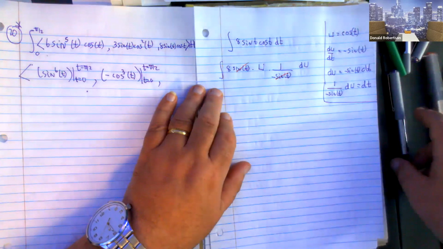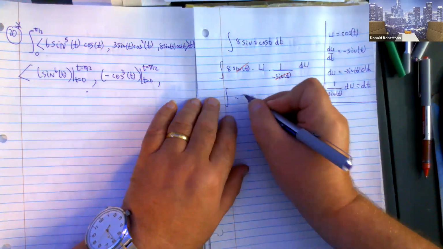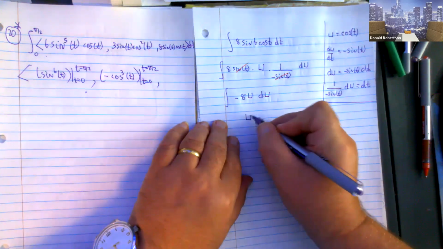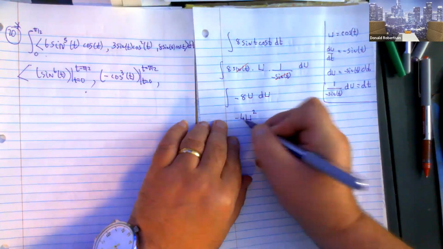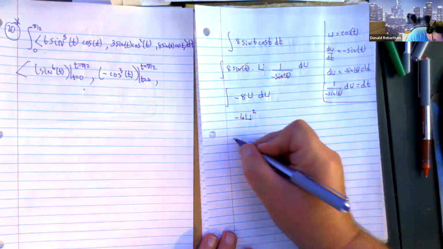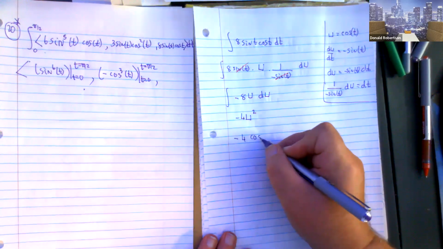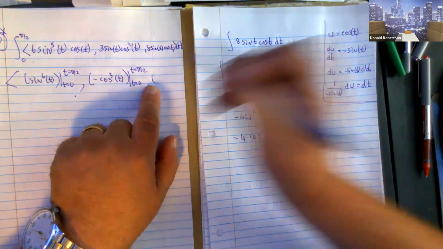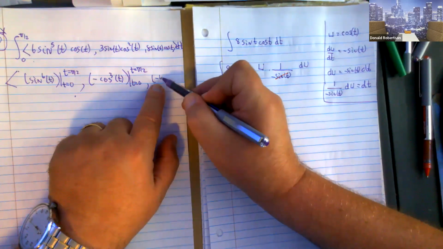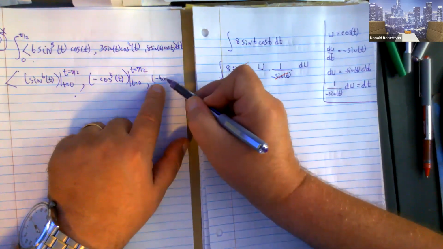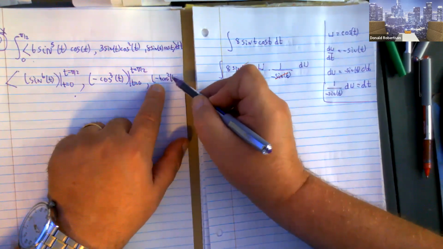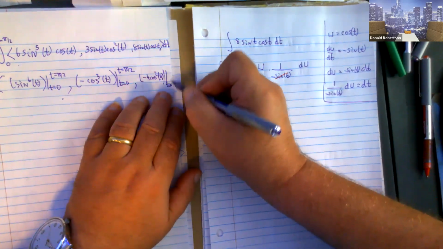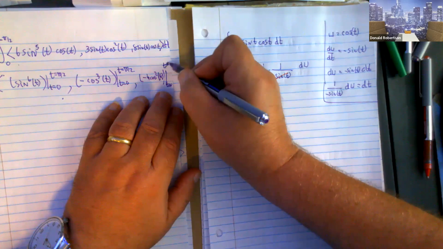Cancel, cancel, and you're now looking at negative 8u. If you do the power rule, add 1 to the power, divide by the new power, you get that. And then you turn it back into cosines. So the last one is negative 4 cosine squared t, and then you evaluate it at t equals 0 to t equals pi upon 2.